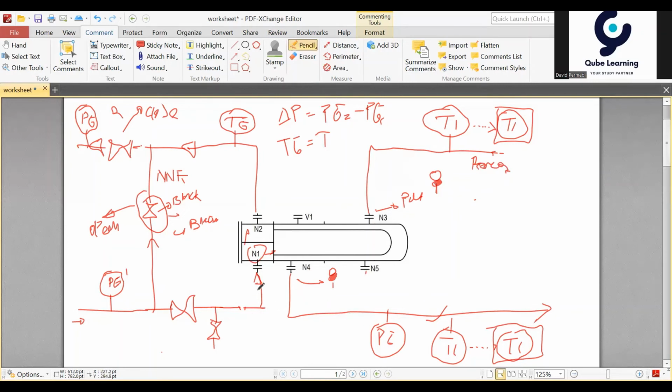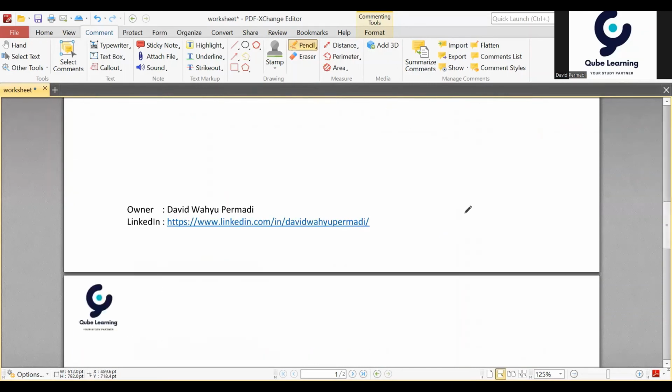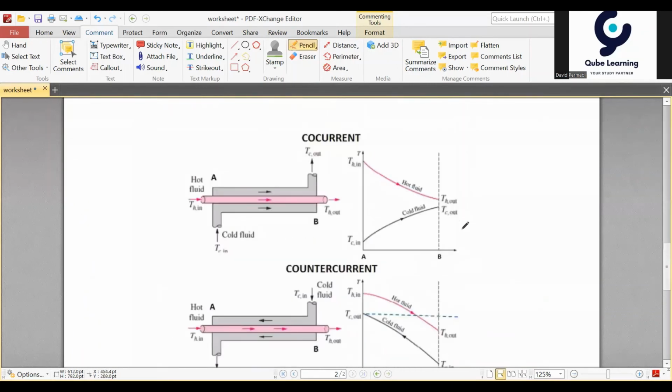So I think we don't need to consider putting this spectacle blind on the cooling water side, because it's useless there. Okay, so I think that's all for this session. Maybe we go to the additional material, which I will provide you.